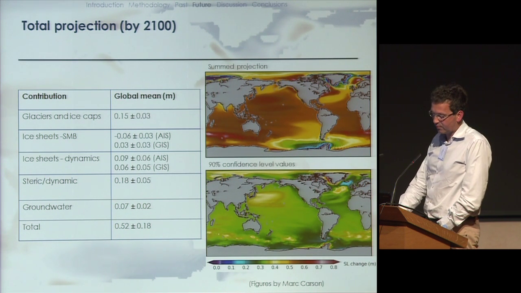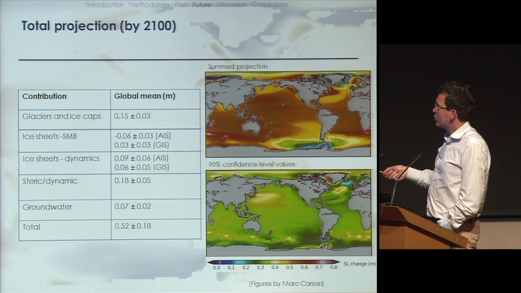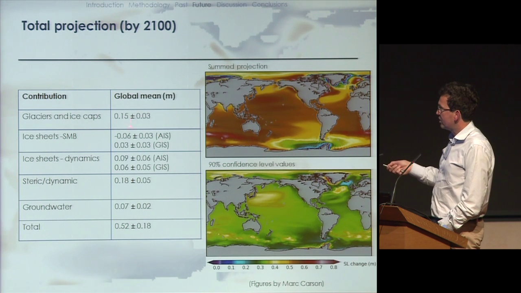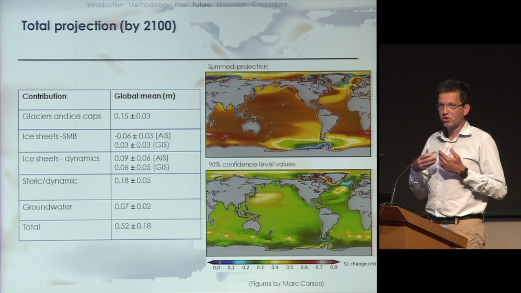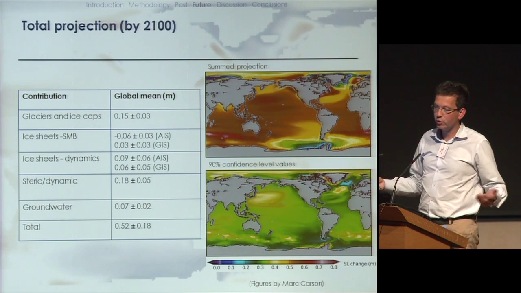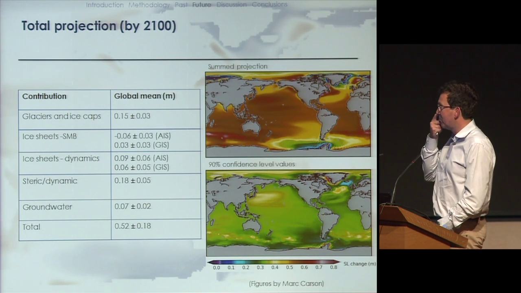An interesting issue also is that in the global mean, the glaciers and ice caps are roughly identical to the steric component, and also if you add up the ice sheet component. So there's not a single component which overrules the total effect in the dynamics.